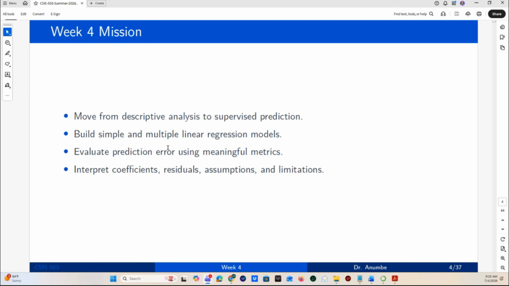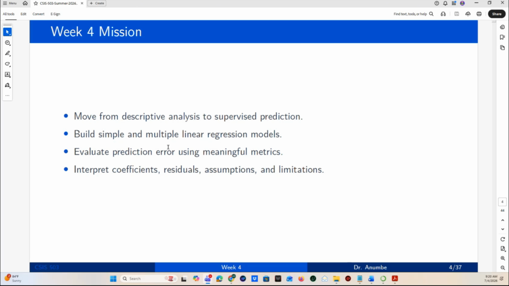Last week in week 3, one of the key focuses of that class was EDA, where we did our descriptive analytics, where we essentially grab data and then we mine it and then we present it, we analyze it.